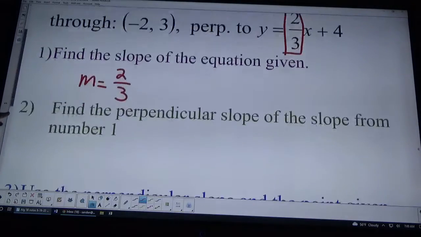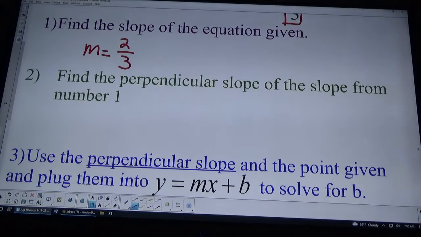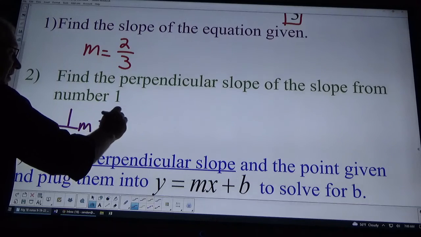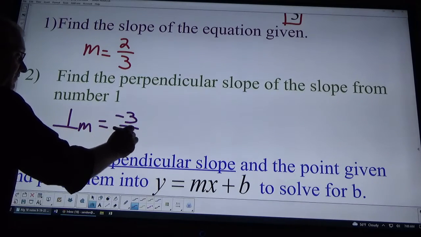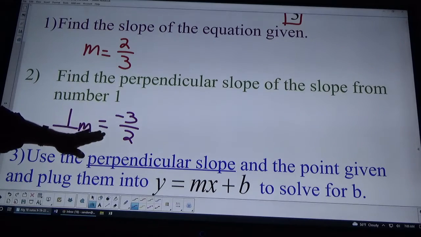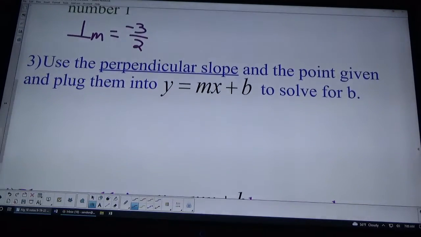The next step we're going to take is to find the slope of the perpendicular line, or the perpendicular slope compared to this slope. So the perpendicular slope is going to be reciprocal, opposite sign, negative 3 over 2. This is what we'll use to find b along with the point that we had to start with.